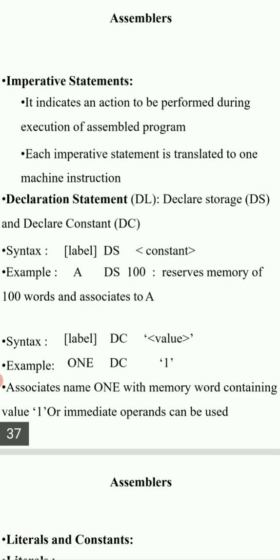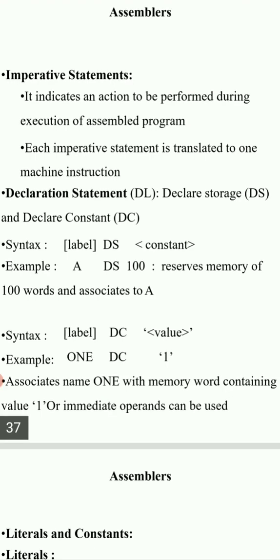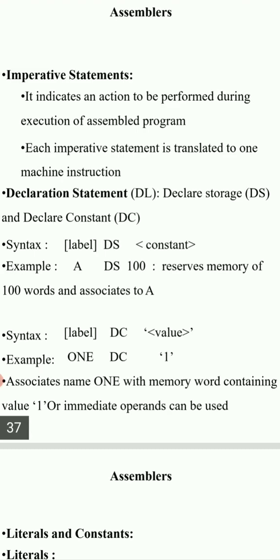You will require a label, DS, which means declare storage, and after that you write less than, constant, greater than. In between you write the constant which specifies the size of memory that you want to reserve, because we use the declaration statement to reserve memory for a variable.